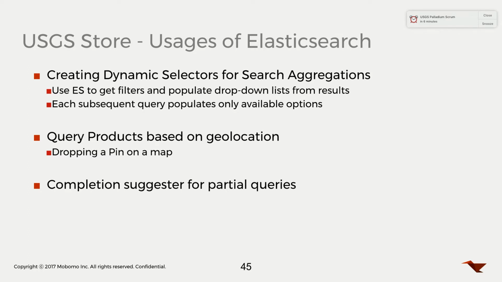Basically, you can drop a pin on a map, and it will try to find all the maps in that region. Which, spoiler alert, it does. We also want to do a completion suggester for partial queries. So if you weren't quite sure how to spell something, you can type out a few letters, and you'll get back the results and see, oh, it's this one, and then you just click on it. I know this is all great, so let's actually see it.